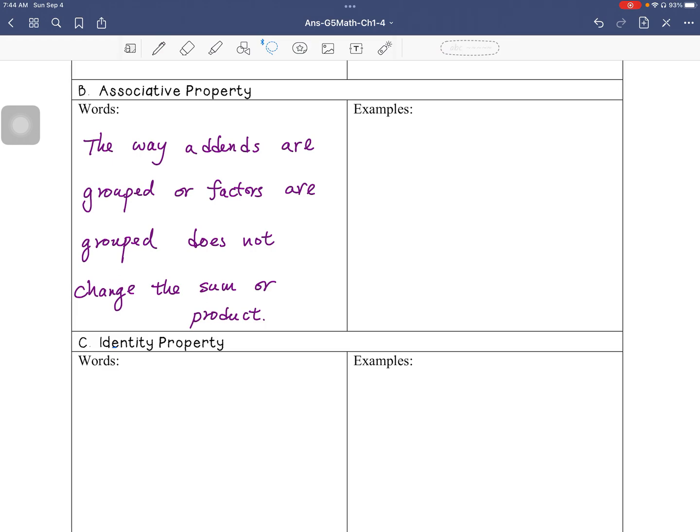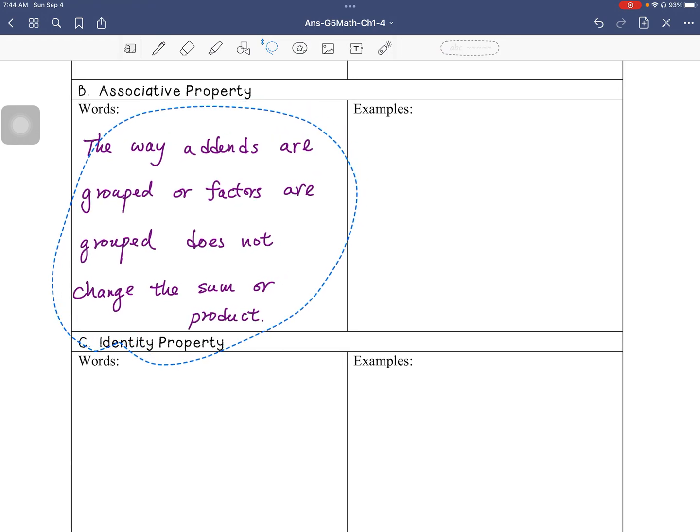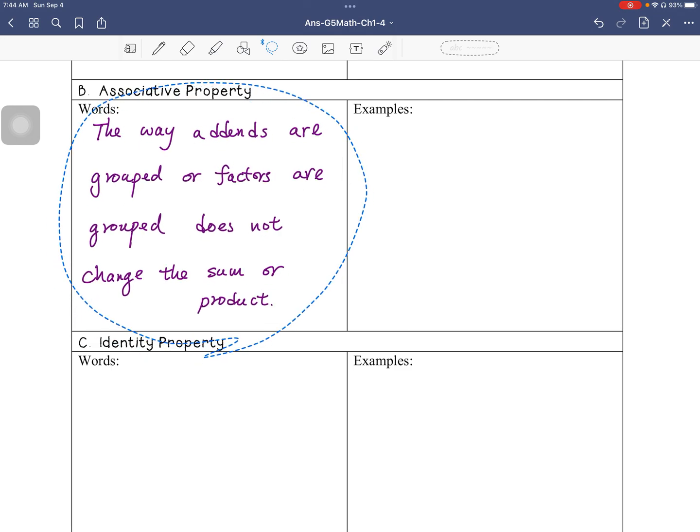So the way addends are grouped or factors are grouped does not change the sum or the product.